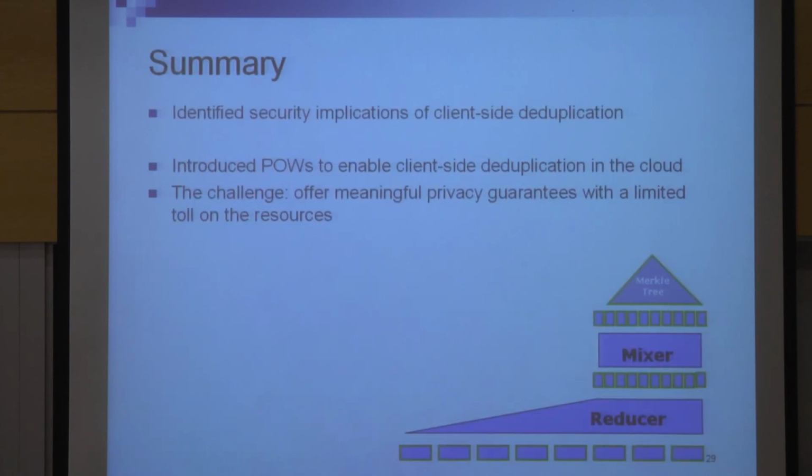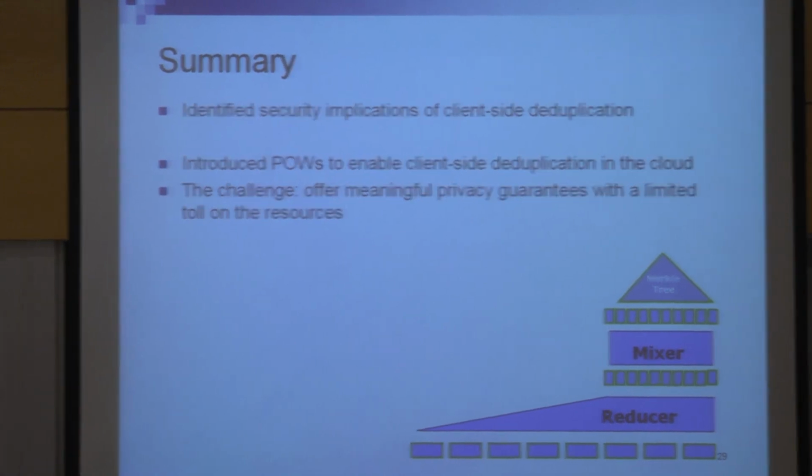So that's about it. As a summary, we identified some security issues that come with this client-side deduplication. It's really being used out there, so it's meaningful. And we introduced these proofs of ownership that are supposed to make this client-side.